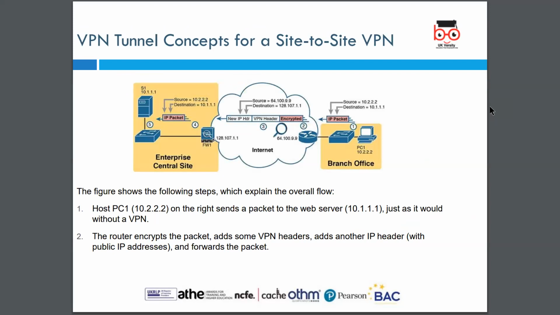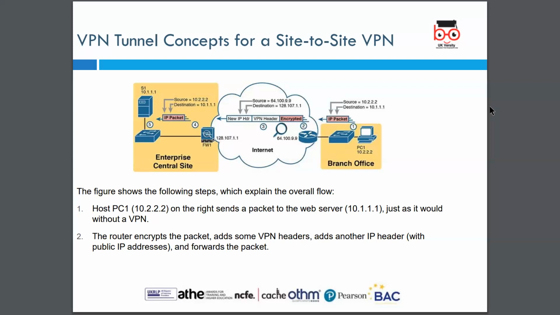Now, when it comes to VPN virtual network protection, there is a tunnel concept for a site-to-site VPN. Our image shows what this concept is, where there are two steps.